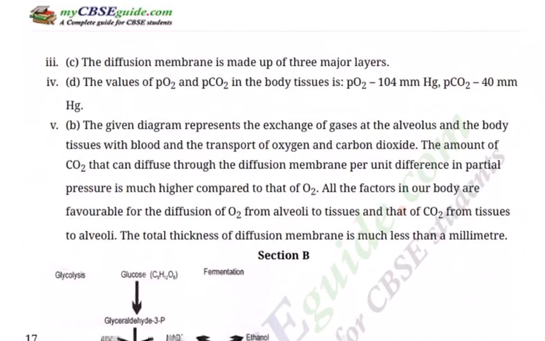All the factors in our body are favorable for the diffusion of oxygen from alveoli to tissues and that of CO2 from tissues to alveoli. So thanks to the arrangement. The total thickness of diffusion membrane is much less than a millimeter.